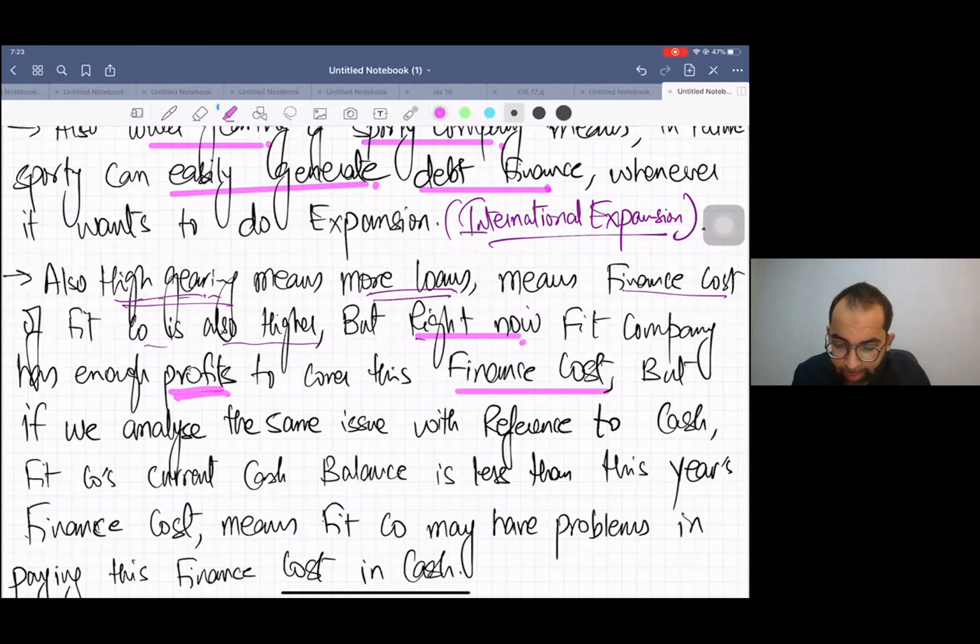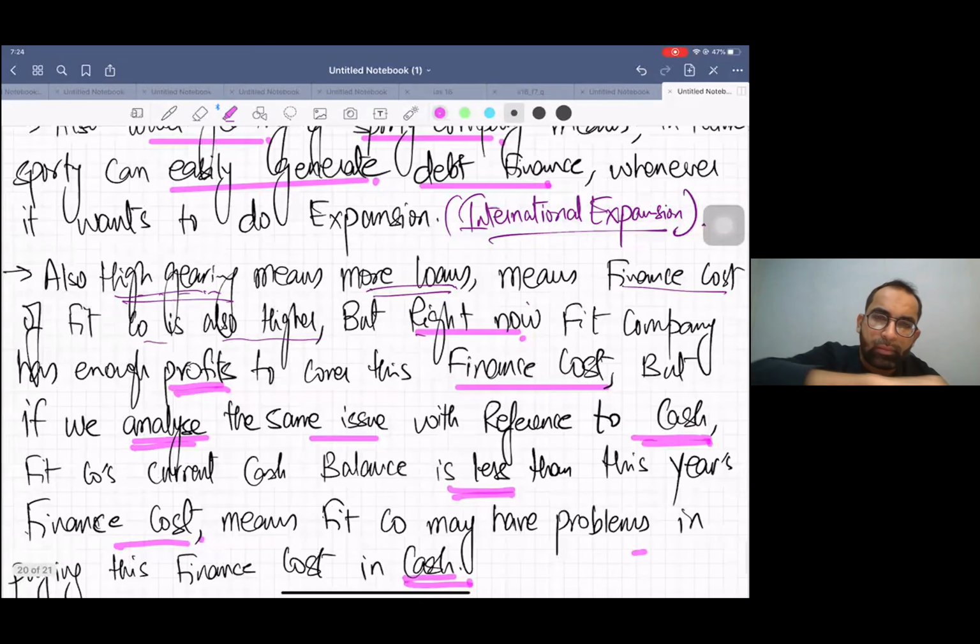But if we analyze the same issue with reference to cash, Fit company's current cash balance is less than this year's finance cost. It means Fit company may have problems in paying finance cost in the form of cash. See this. You can see.